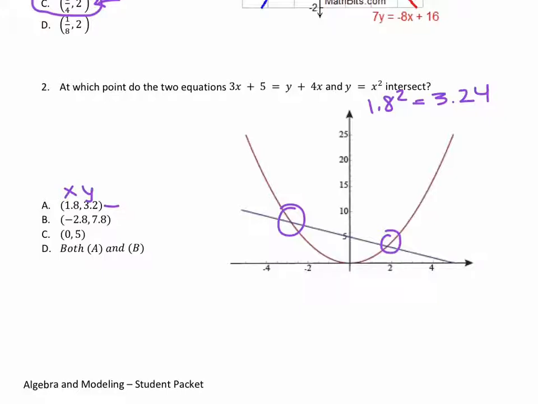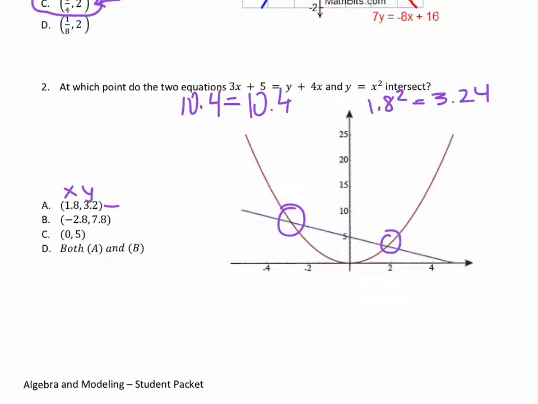I have 3 times 1.8, which is 5.4, plus 5, which is 10.4, equals, and then I have y is 3.2 plus 4 times 1.8, and that gives me 10.4. So the first one works for both.